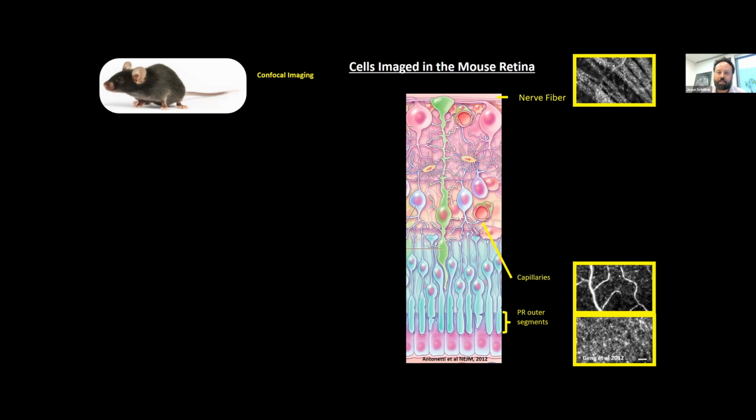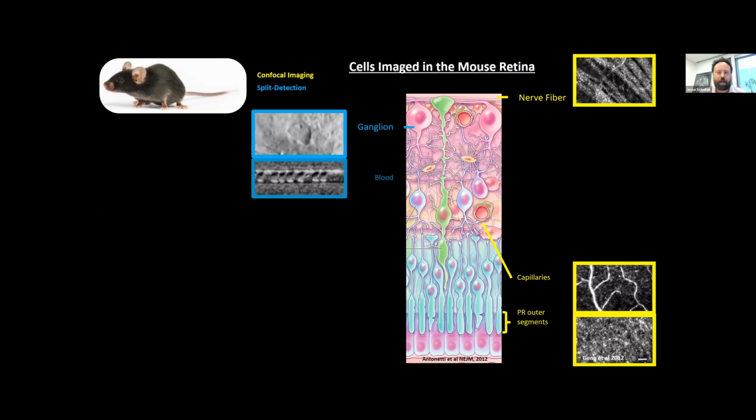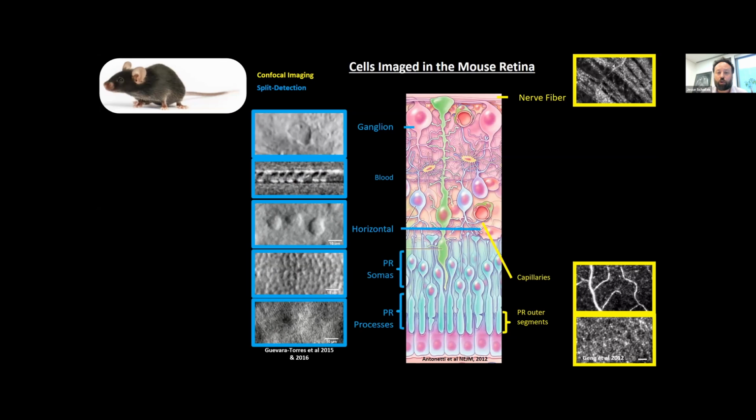These structures are fantastic to image in health and disease, but as you see from this cartoon, there are still a lot of neural and glial cells that we'd like to image. The challenge is that most of the neural retina is translucent or transparent, making these cells really difficult to image. Over just the past 5 years or so, our group and a number of others using AO technology have developed a class of technologies grouped together as phase contrast.